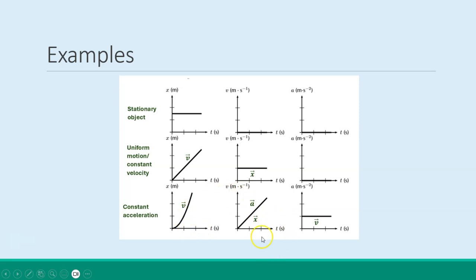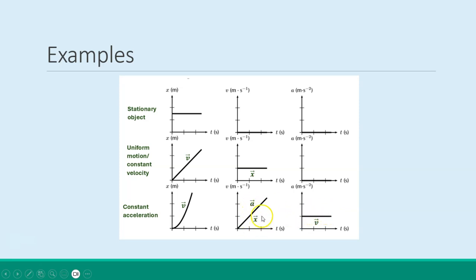The velocity time graph for constant acceleration is a single gradient line. The gradient of this graph will provide me with the acceleration, which can then be transferred to the AT graph. There's a constant acceleration, so it's a horizontal line.